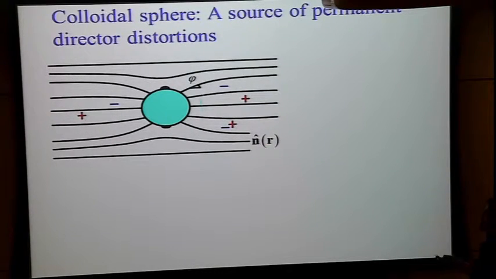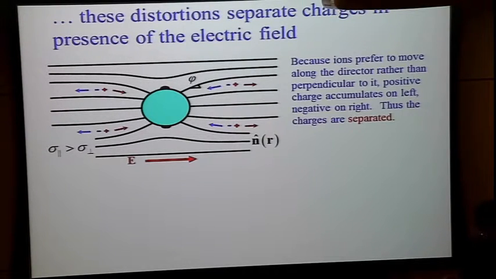So suppose I have these distortions, and it's just a two-dimensional thing. For simplicity, I have normal boundary conditions. This little angle phi is just the deviation of the director from the horizontal orientation that is imposed by the cell outside of this colloid. Okay, so I applied an electric field.